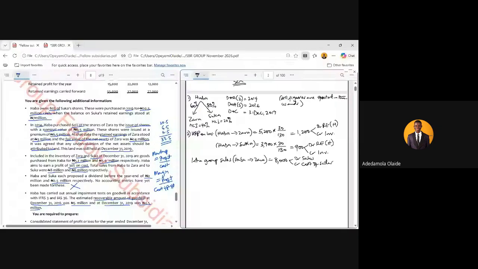We are derecognizing it from SOPL. Then the one Abba sold to Suka, 6 million, will debit it to sales and credit it to cost of sales. Is it clear? Yes.